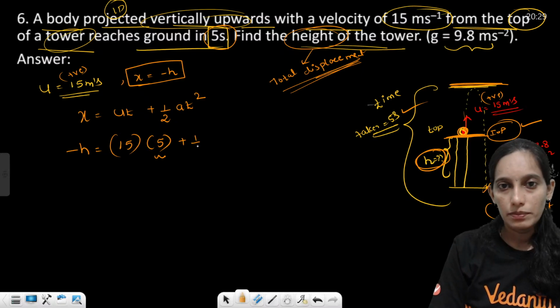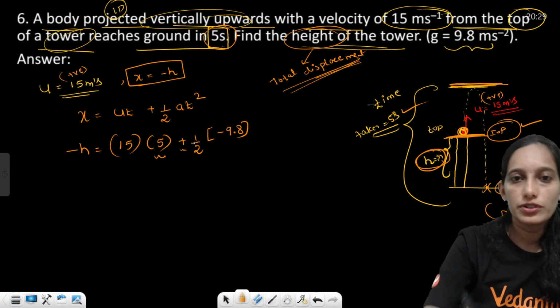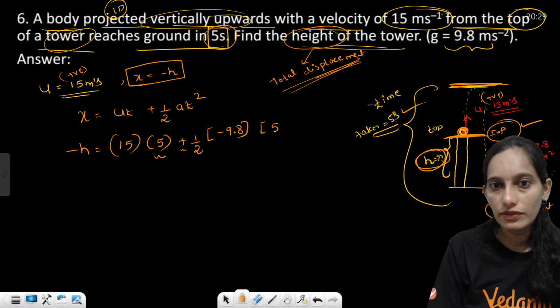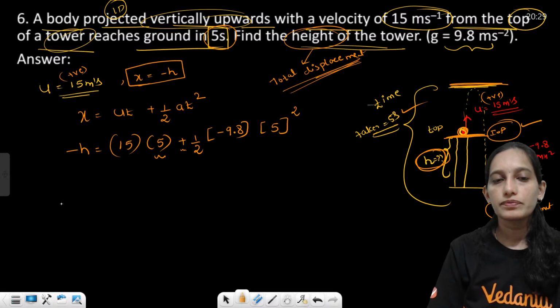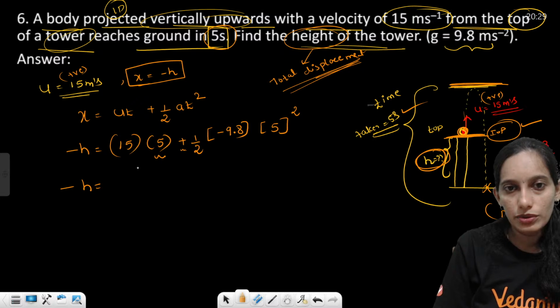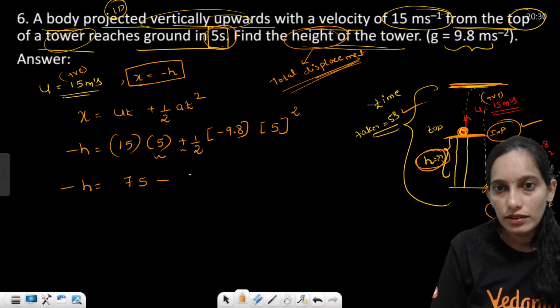Plus half, and here a is minus 9.8, or you can put the minus here itself, that is your choice. Minus 9.8 into t square, that is 5 square. If we simplify, minus h equals 75 minus 4.9 into 25.